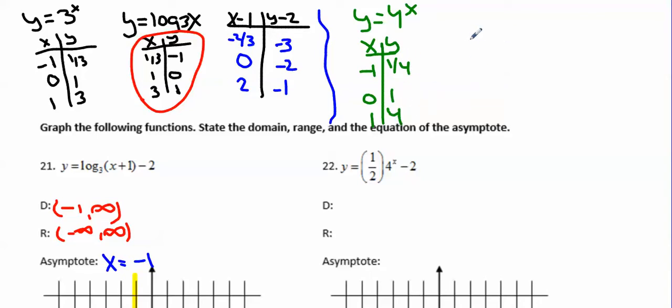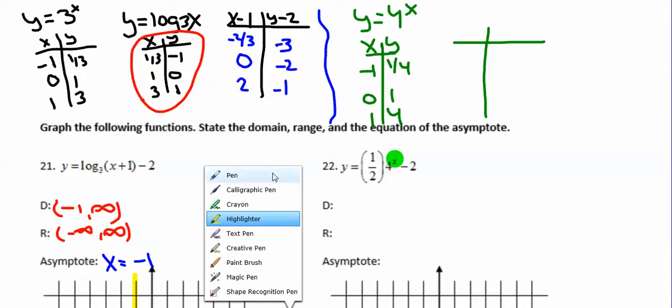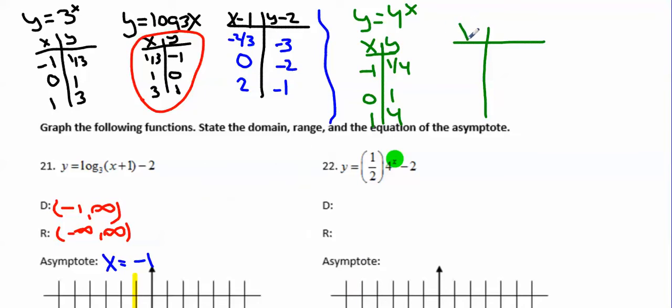Now I'm going to transform my values. Anything on the inside of the function affects my x values, but if you look at the inside of the function right here, nothing has changed. So my x values are going to stay the same. I'm going to look at the outside of my function, and that affects my y values.